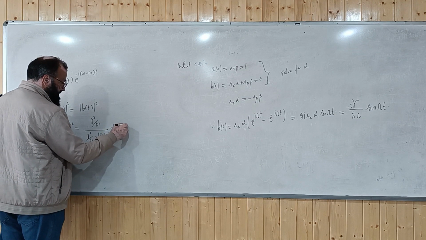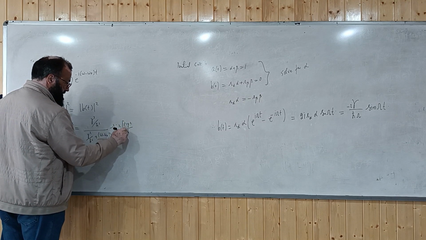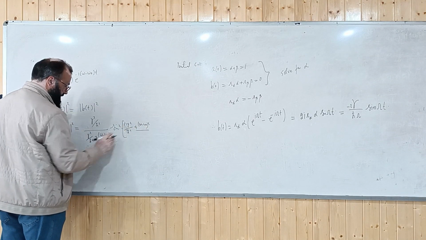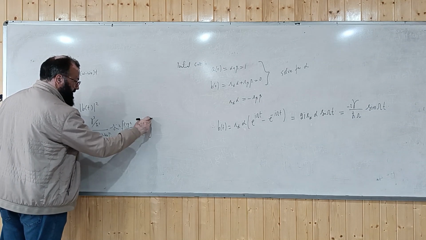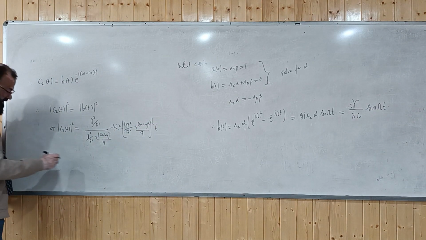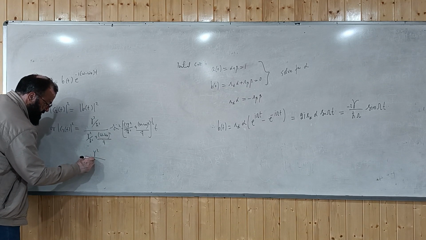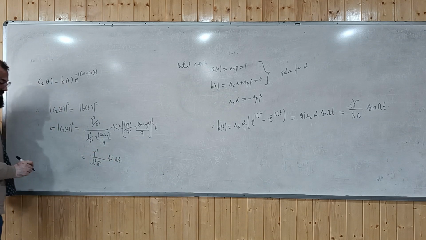Or you can simply put gamma square by omega square h cross square sine square omega t.